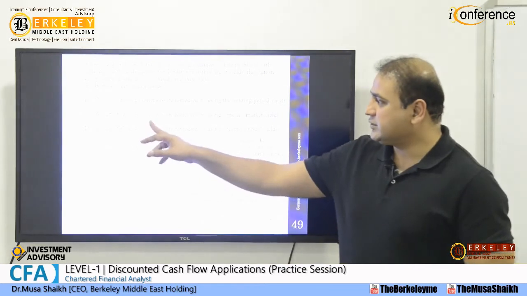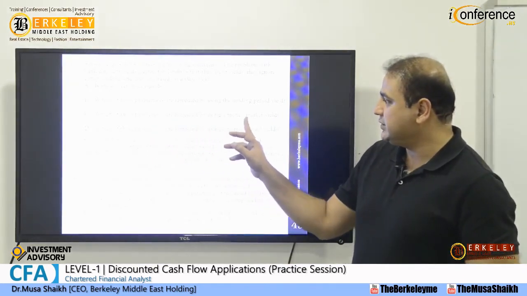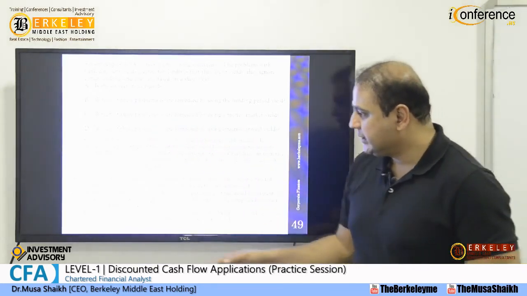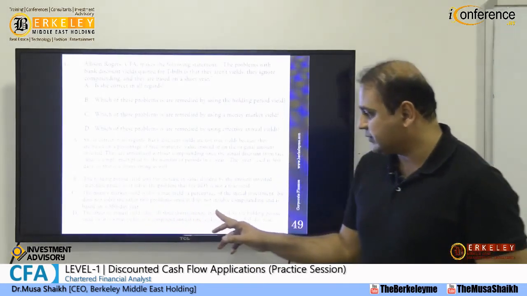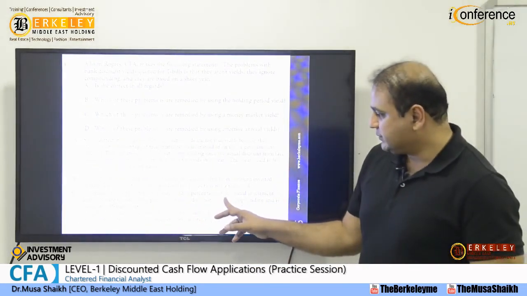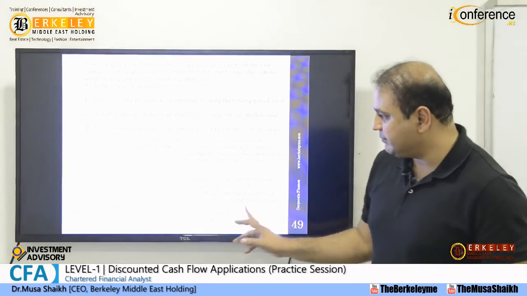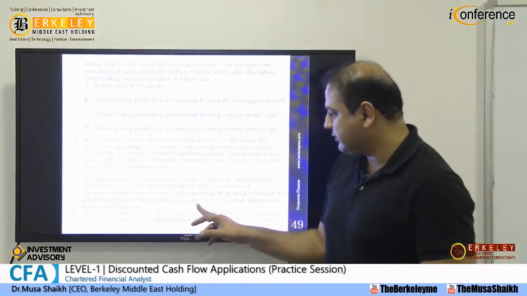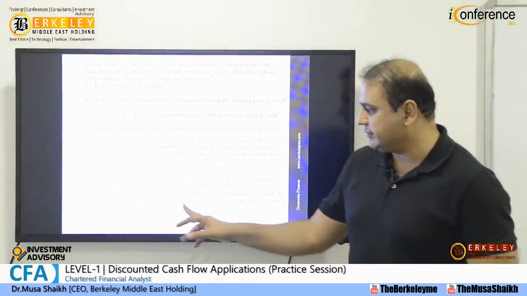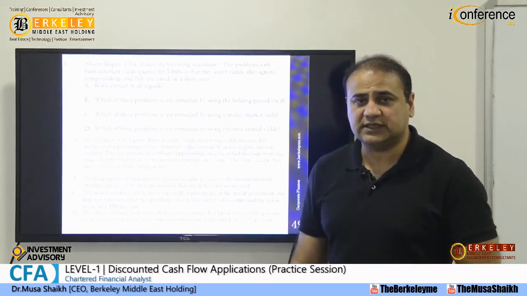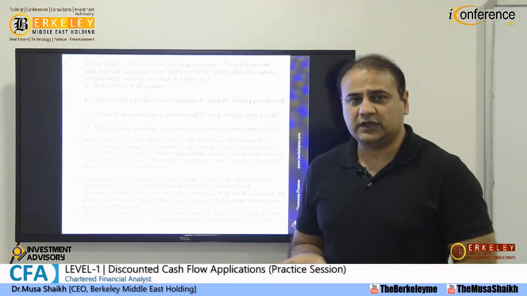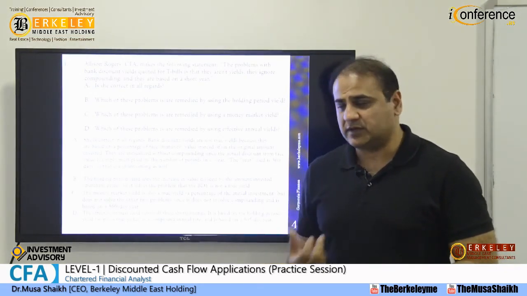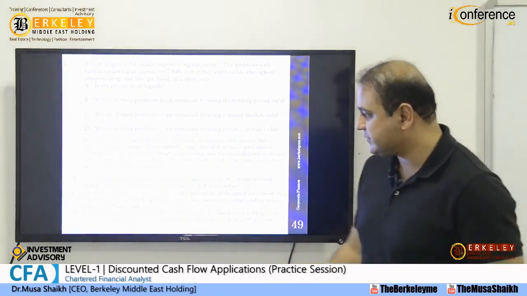C, which of these problems are remedied by using a money market yield. So he says money market yield is also a true yield, that is a percentage of initial investment, but does not solve the other two problems since it does not involve compounding and it is based on 360 days a year. So for solving this question you should have a sound knowledge of all these four options.